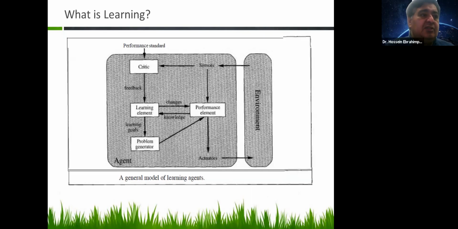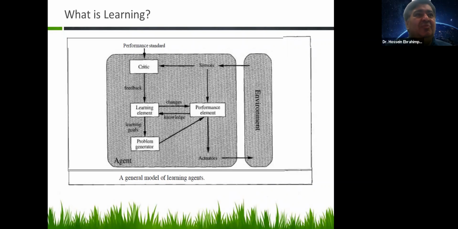What is learning? Learning means that you change your action after you experience some experiences. Actually, the bad experiences change your behavior more than the good experiences. If you do something and you get punishment for that, you will normally not do that again.